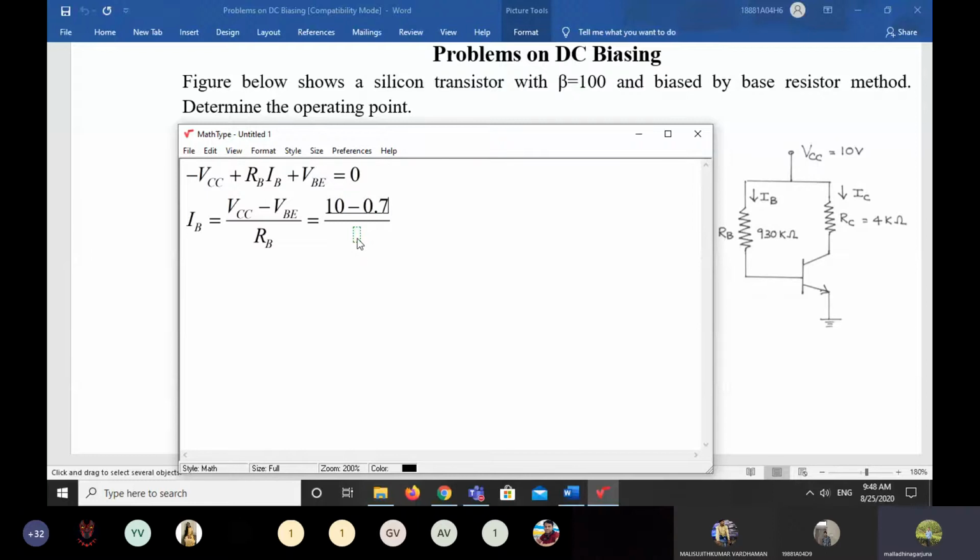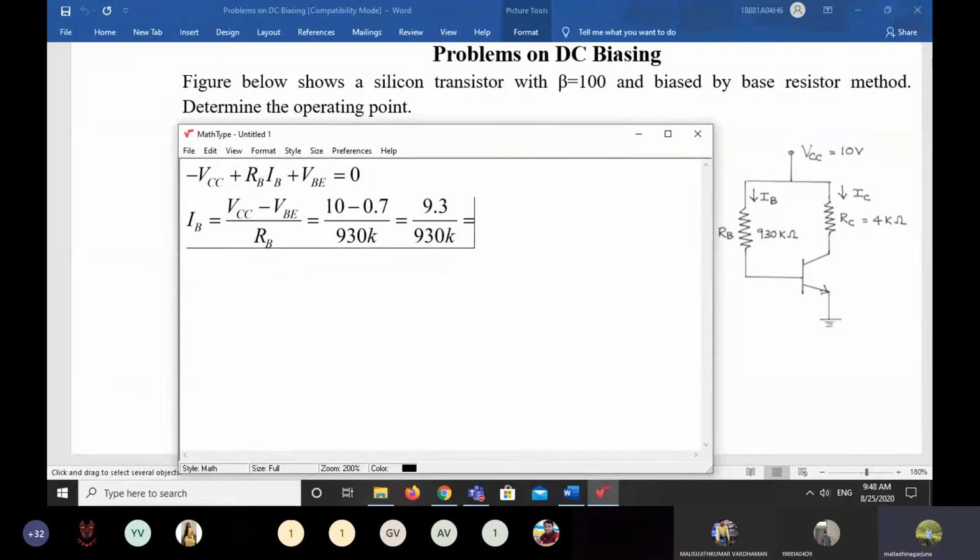So 10 minus 0.7, and RB is equal to 930 kilo ohms. So that is equal to 9.3 divided by 930K.